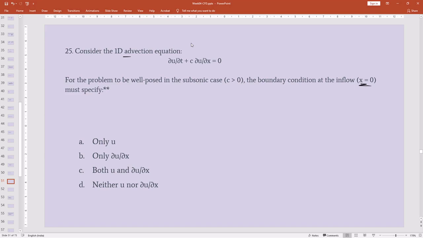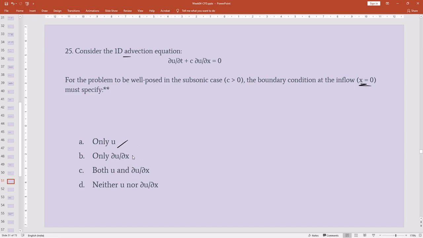The dominating part is fluid motion. So for an advection dominated flow, our essential boundary condition at inlet is u. We only need u, but it should be a Dirichlet boundary condition. We need a specific value or some constant value of u.